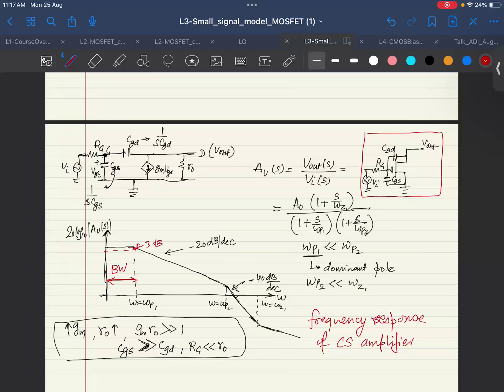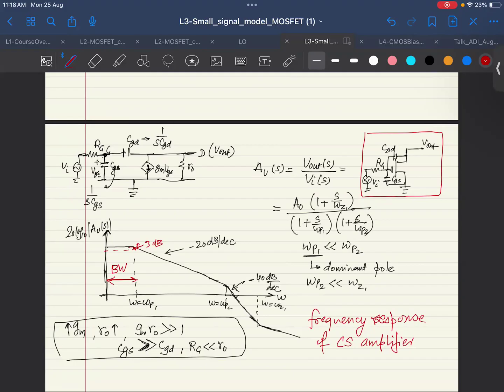So this is the bandwidth of this common source amplifier, because after that your gain starts to decrease, and then it decreases further after it encounters the second pole. Okay, so this is all about the notion of speed as of now, right?